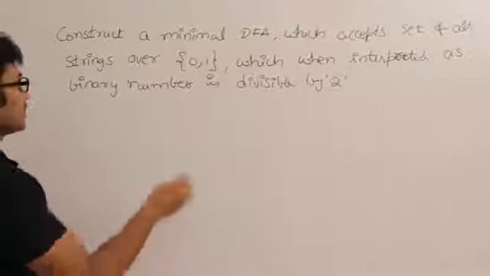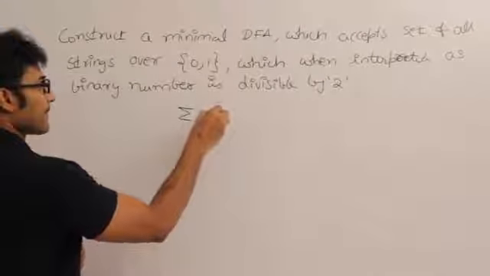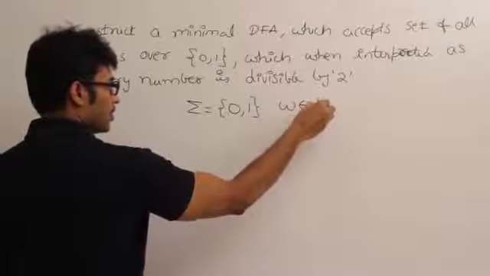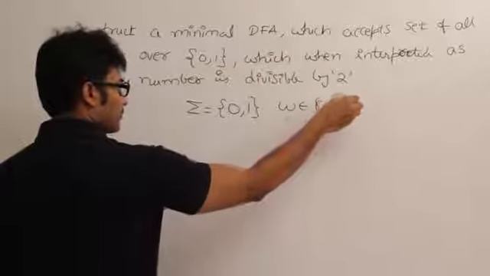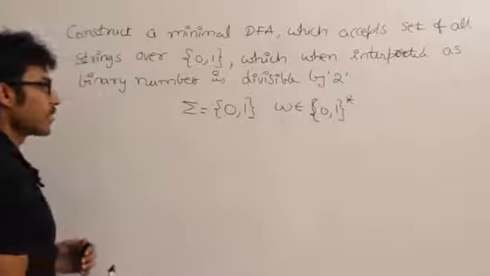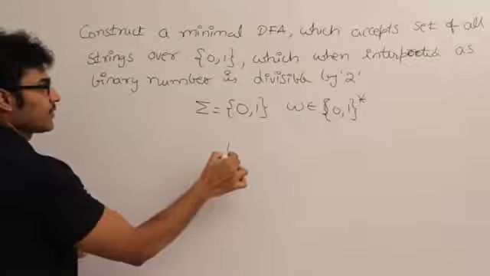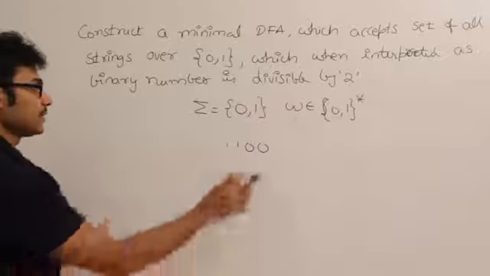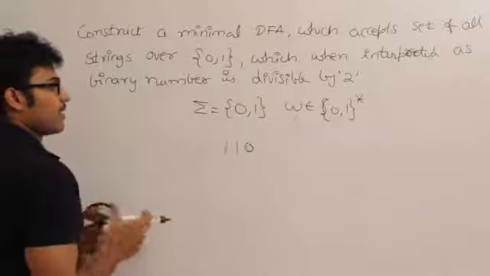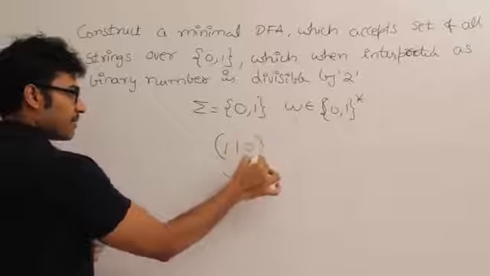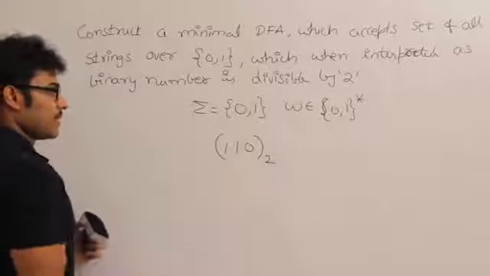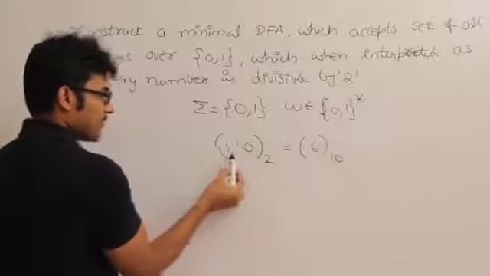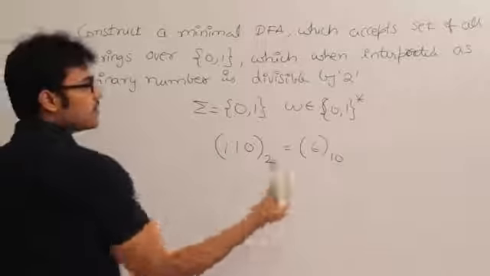Which means if sigma equals 0, 1, among all the strings which are possible over 0, 1, if I take any string, 1100, and if I interpret it as a binary number, what is its value in decimal? Its value in decimal is 6, right? If I consider it as a binary number, that should be divisible by 2.